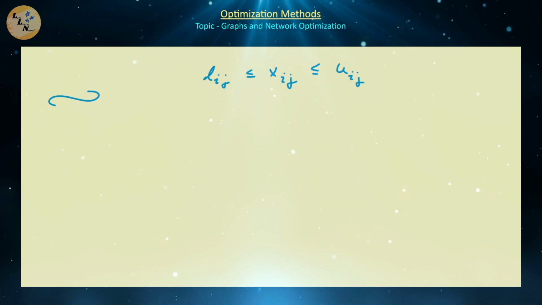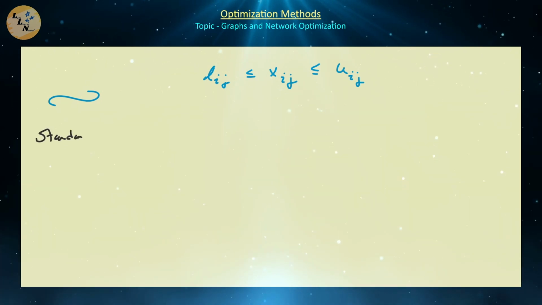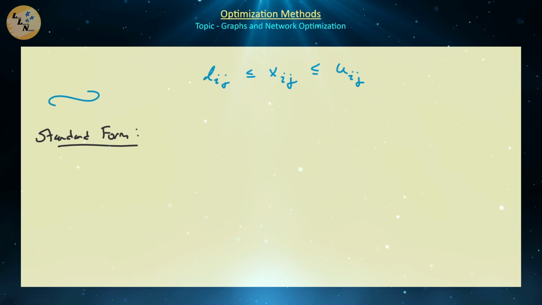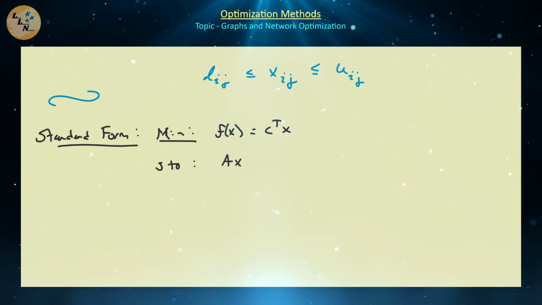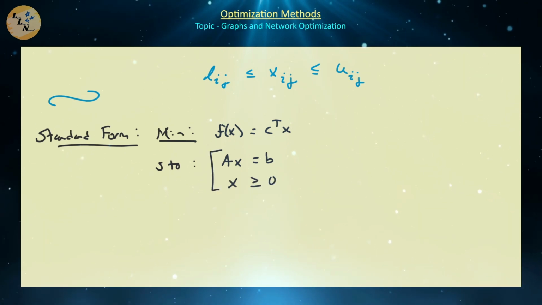So if we write this in standard form, which is going to be very useful for solving things both by hand and in computers, we're going to minimize this functional f of x, which is equal to c^T x, subject to the constraints Ax equal to b, such that x is greater than or equal to 0. So even if those constraints and restrictions are not in standard form, we already discussed how to convert every linear program into standard form just in case we need to.